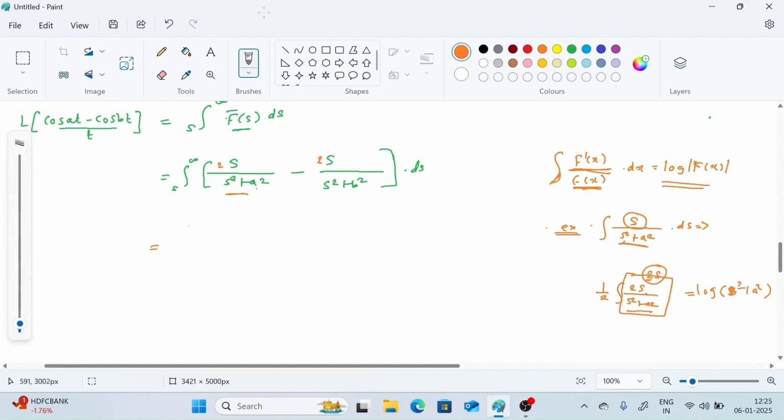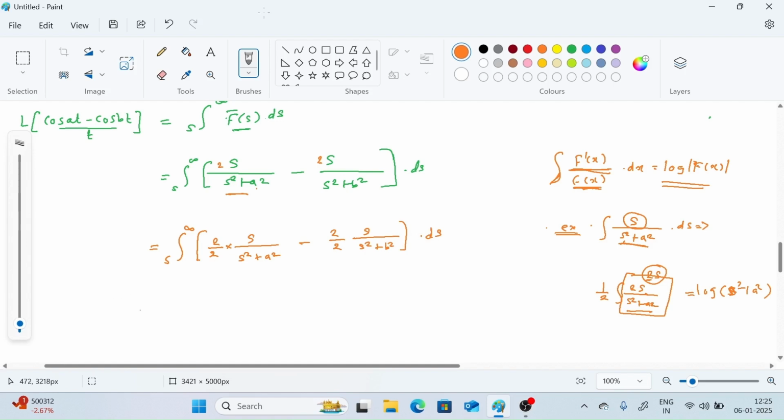So what can I write? Integration s to infinity 2 by 2 into s upon s square plus a square minus 2 by 2 s upon s square plus b square, right?